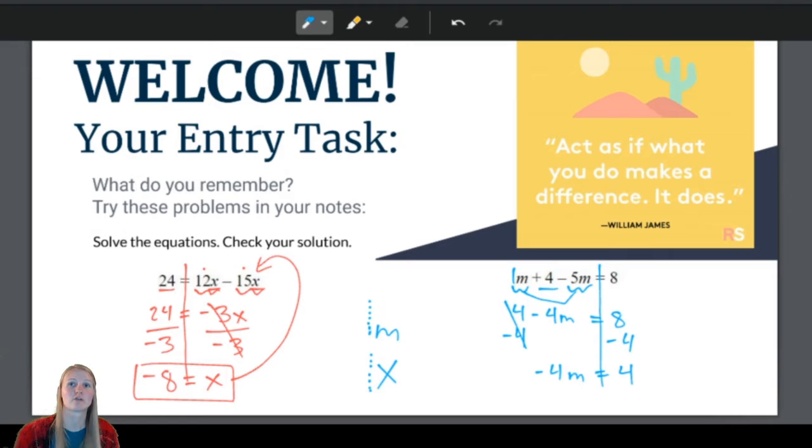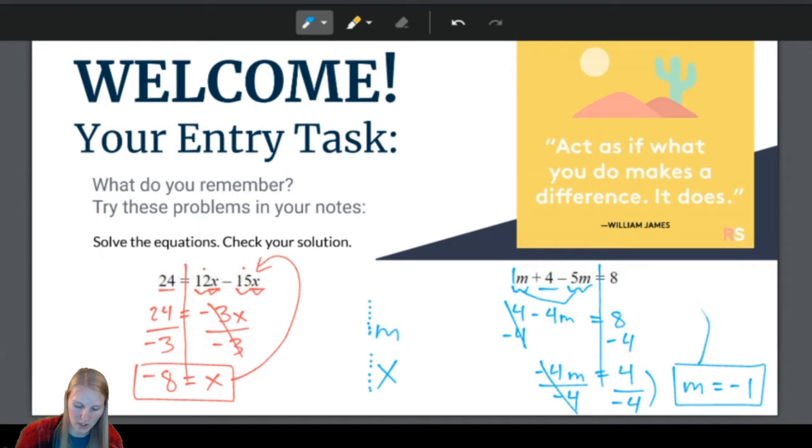And I have negative 4 times m. So the opposite of times is divide. That goes away. So m equals 4 divided by negative 4, which is negative 1. And remember, you can check your answer by plugging it into the original equation.